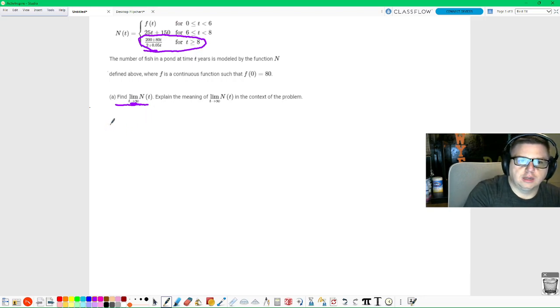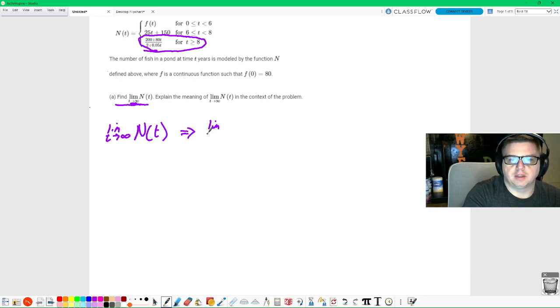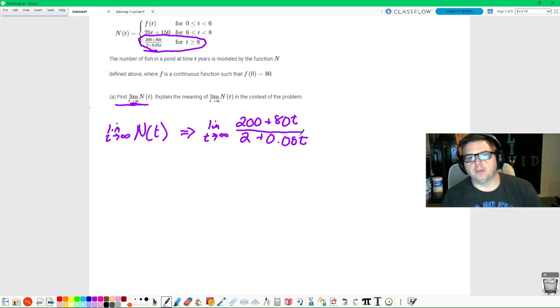So when we're looking at the limit as t approaches infinity, n of t really is going to be the limit as t approaches infinity of 200 plus 80t over 2 plus 0.05t.